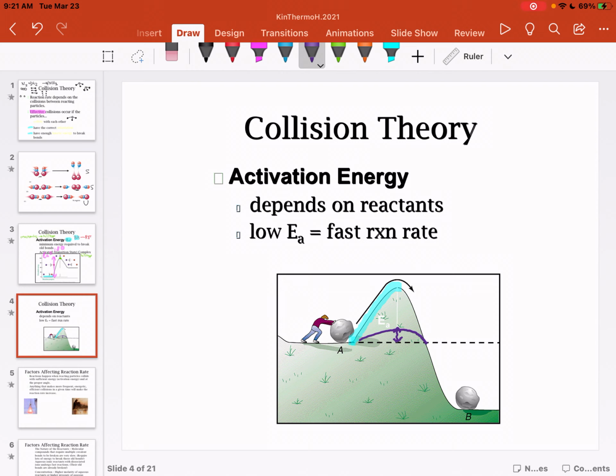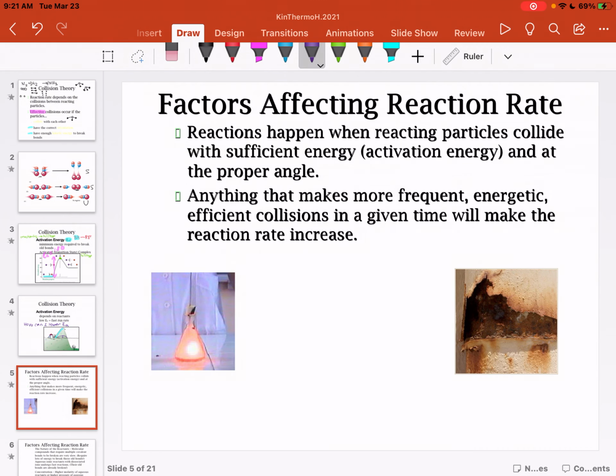So how on earth, what can I do to a reaction to lower the activation energy? That is the burning question right there. How can I lower the required activation energy? What's required is required. How can I take that hill and chop it down a bit? We will answer that question as time goes by.